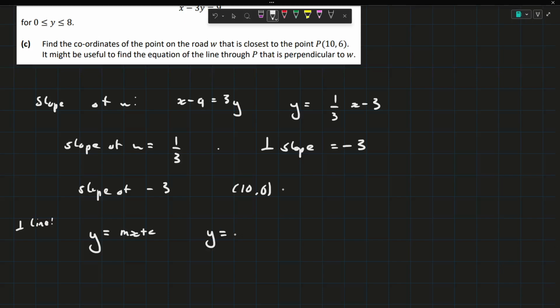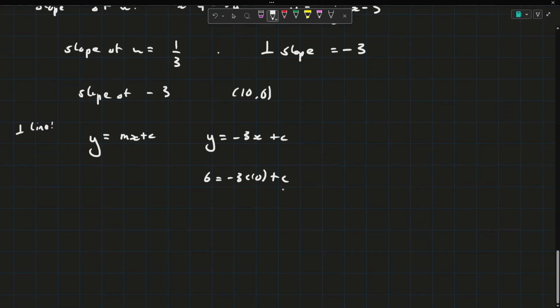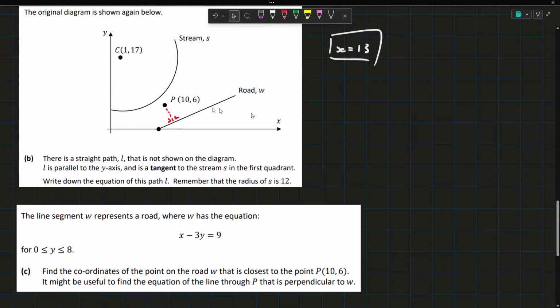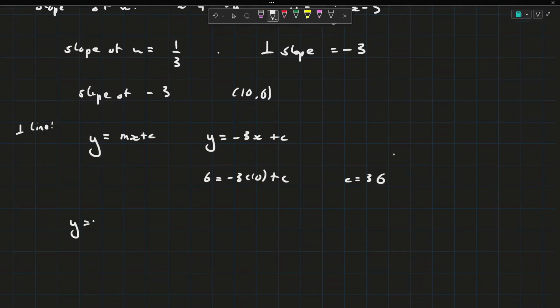So y is equal to minus 3x plus c, and then we know that (10, 6) is a point. So we can say that 6 is equal to minus 3 times 10 plus c. That's just subbing in the point. So then we have 6, and bring the 30 to the other side. We'll get that c is equal to 36, which should make sense. You can see that the y-intercept is going to be way up here. So that makes sense. So we have y equals minus 3x plus 36.